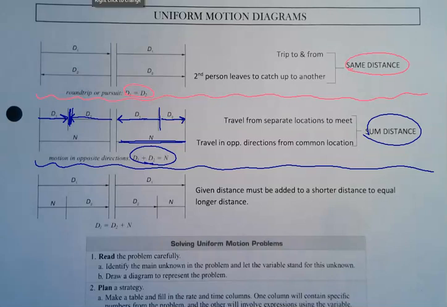Our last one is when the given distance must be added to a shorter distance to equal a longer distance. If we look at this diagram, distance 1 is longer, and then we have our shorter distance that we were given, and we have to add it.